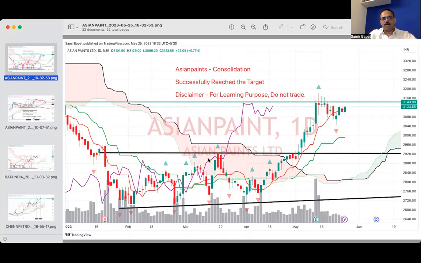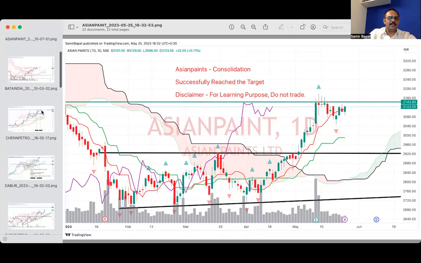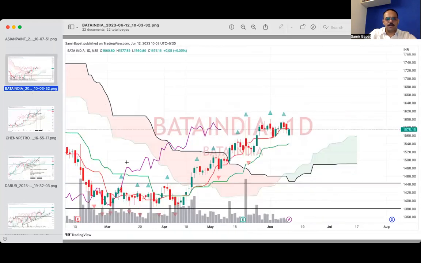So highs are almost at a similar level, lows are at almost a similar level. The drawing is not so good here. Let me find another. This is an old Bata India chart. See here, it is in one band. It's not getting compressed. It is in one band. There is a clean breakout here. Nice full candle, and then it went up from here. So this is a rectangle.